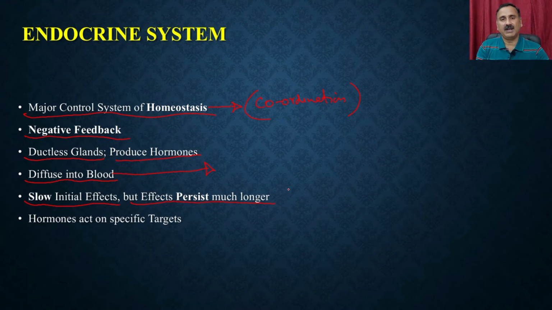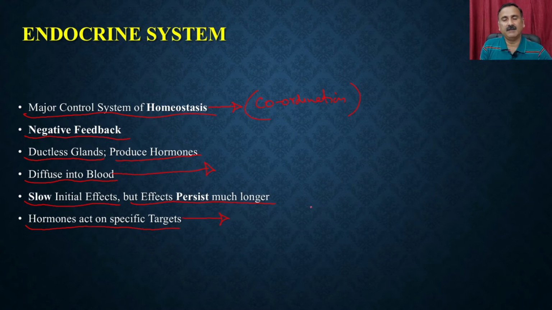For example, you might have heard about many of the hormonal effects, so they are slow, right? They take time to cause the final effects, but they continue like that. And hormones are very specific. They will go and hit specific targets only.